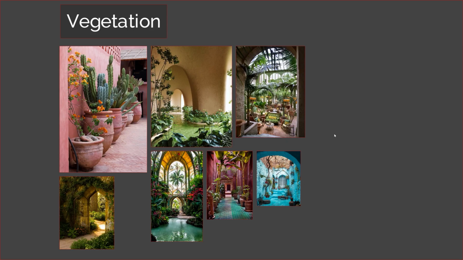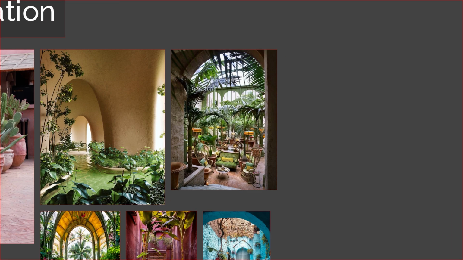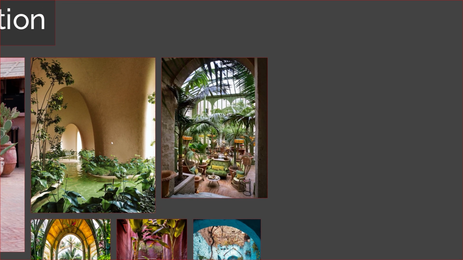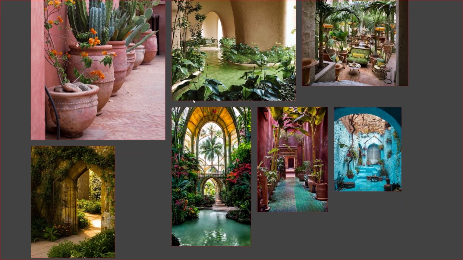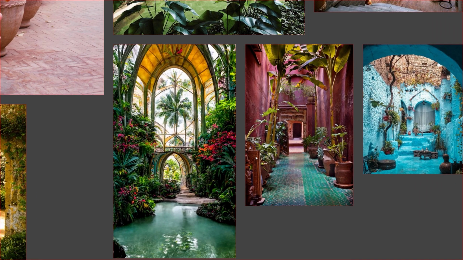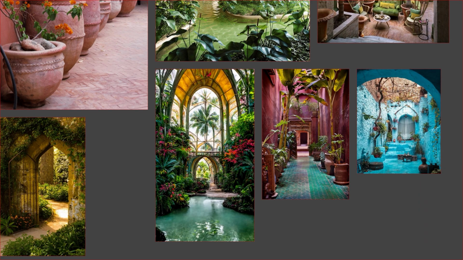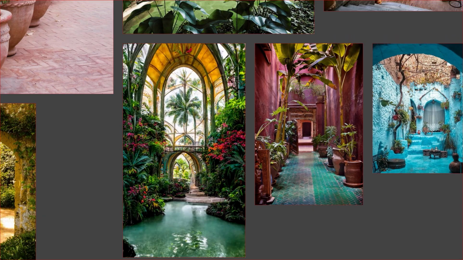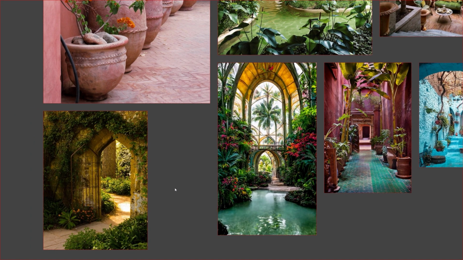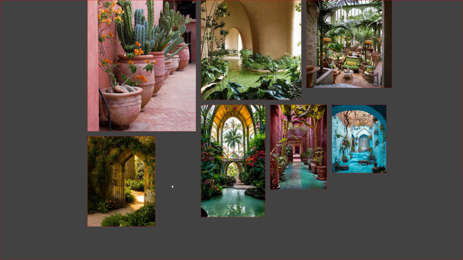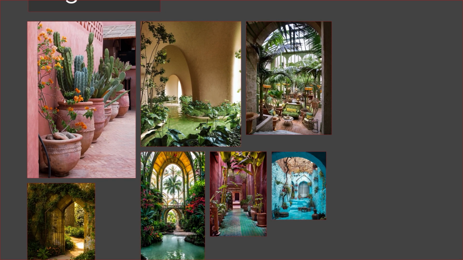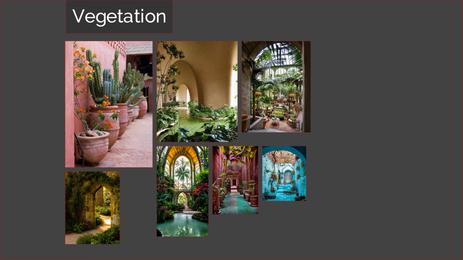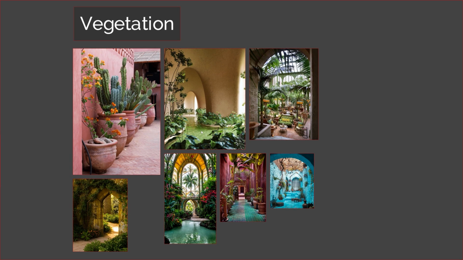I gathered some additional pictures showing some beautiful vegetation and many types of flowers. And at the beginning I even wanted to add some water to my scene, but I ended up with none because it didn't fit, in my opinion. But yeah, after I had all this knowledge, I moved on to Blender.